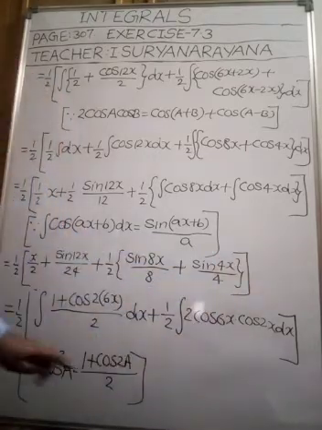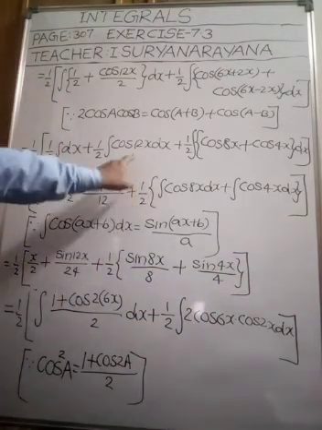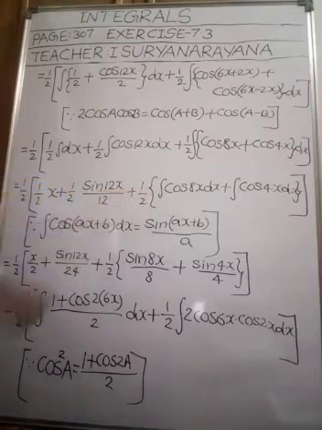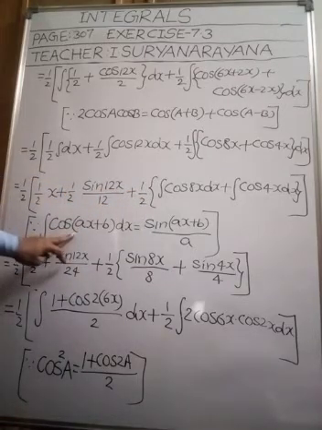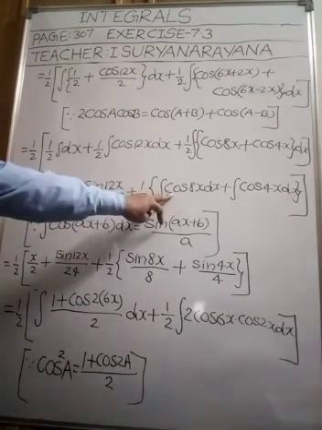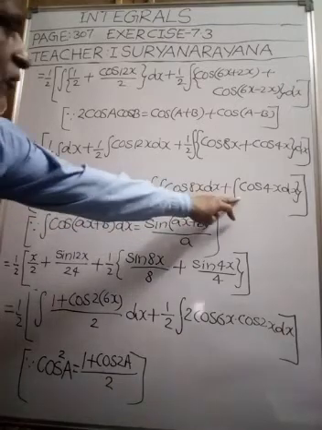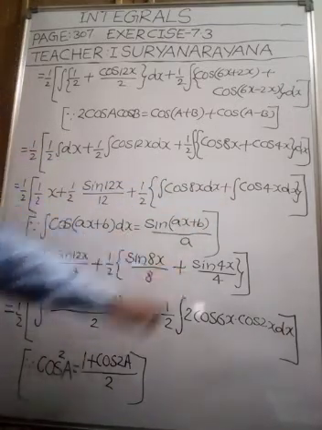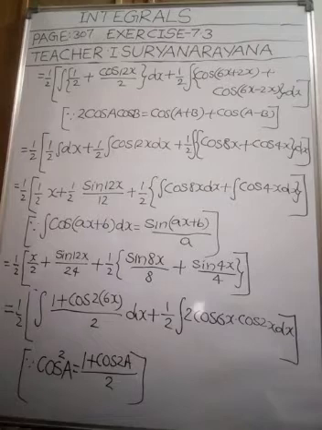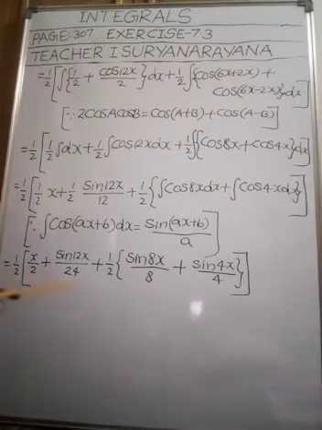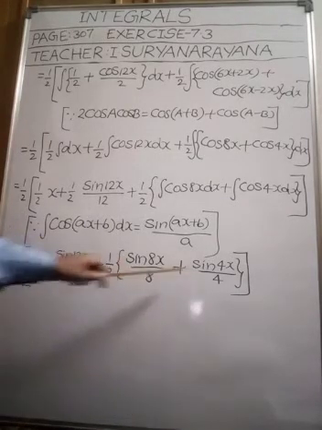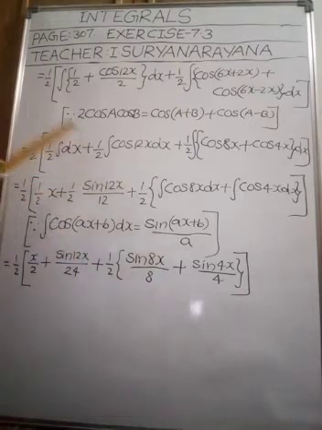Understood this step, my children? By using the same integral formula, we applied it for this term and also for this term. Then we got these two terms. Understood, my children? Right. So what is the formula we used here for these two terms? This formula only.